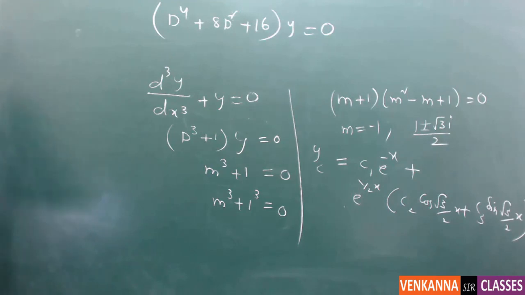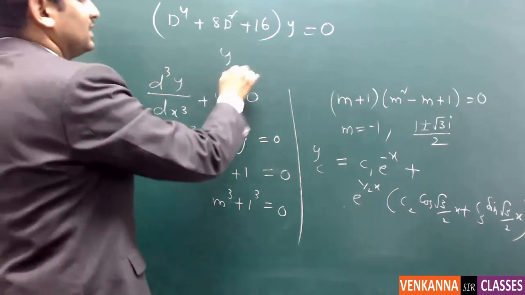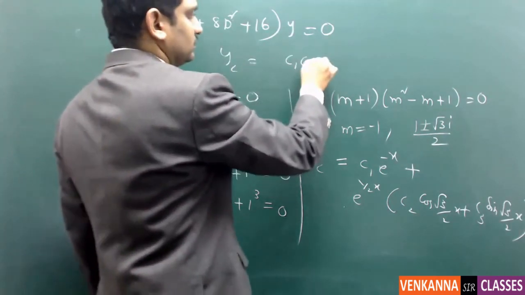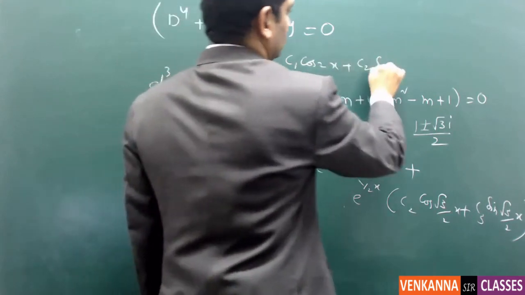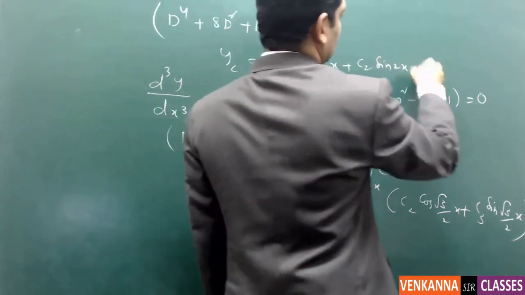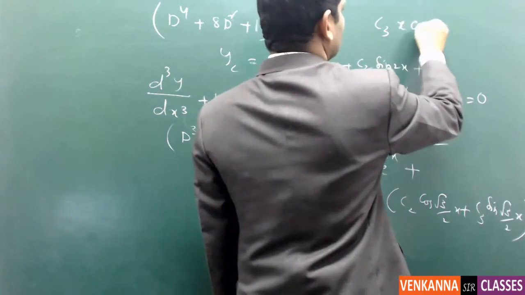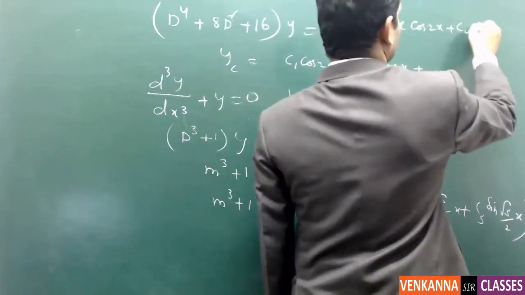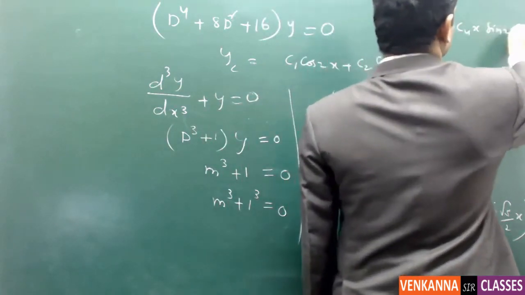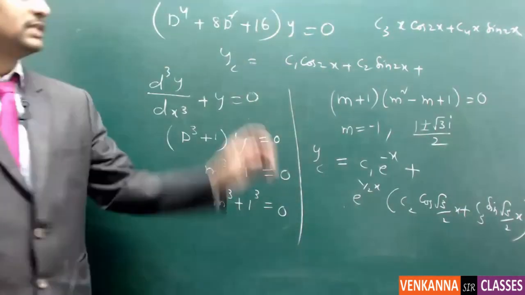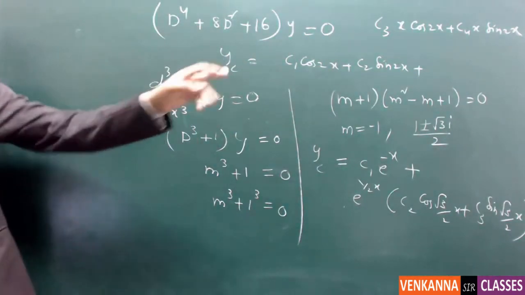However, I will write the final solution as yc is equal to, since 2i is repeated, that was the final solution.